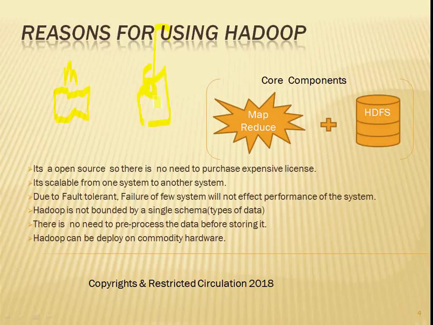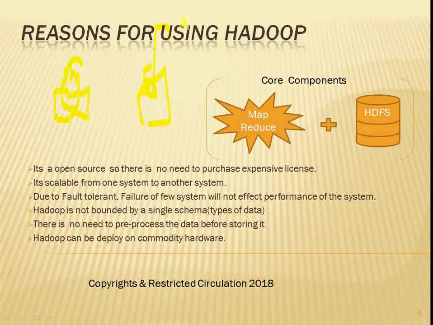So it works in this fashion that we have a master and we have a slave. From the master we will do some kind of operation, on the slave we will do some kind of operation. Just by adding a few nodes on the slave side, the processing speed of a Hadoop system will be increased a lot.